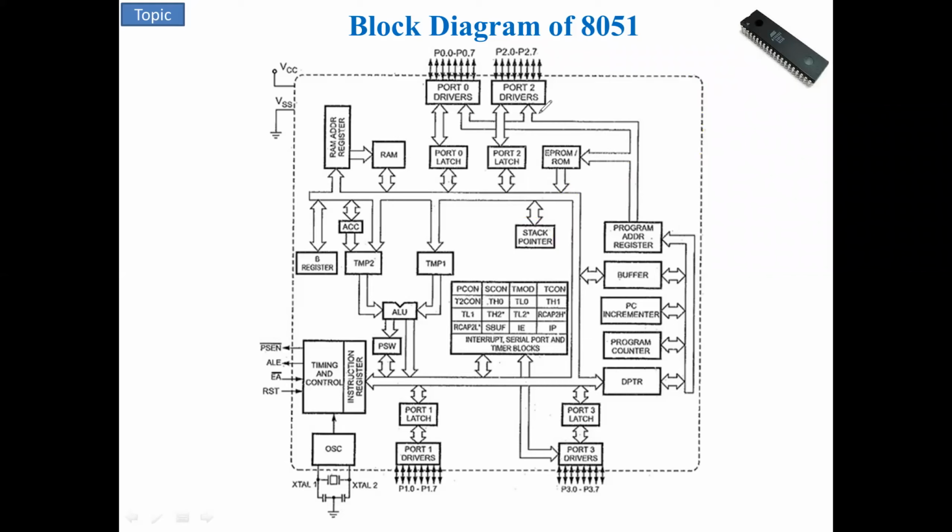Next, we will discuss the third point, which is peripherals. Peripherals are things like the timer and serial communication peripherals. We have different types of peripherals.